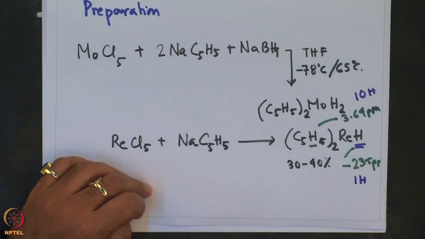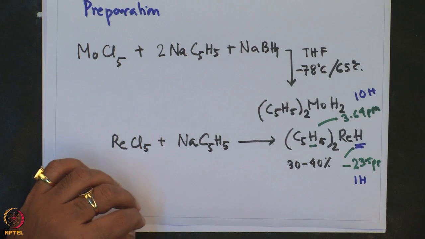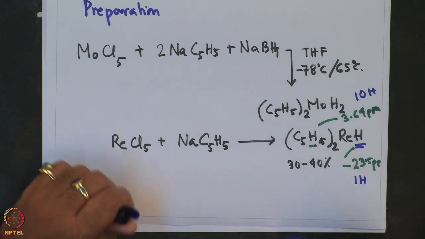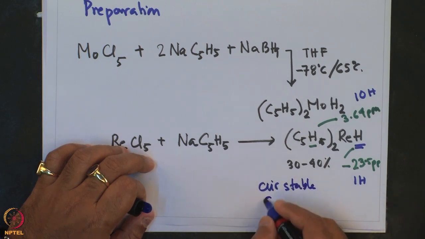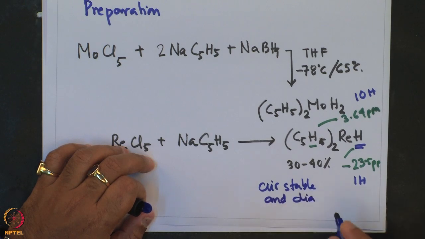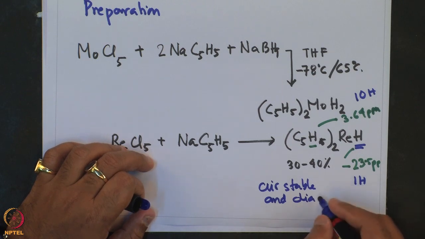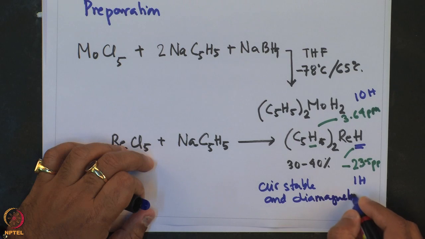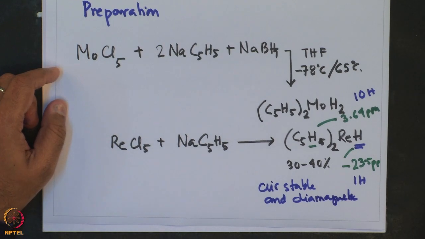And another important thing is that Cp2 rhenium hydride is an air stable compound and diamagnetic. As a result, these can be very extensively used in applications of organometallic chemistry in proton NMR spectroscopy.